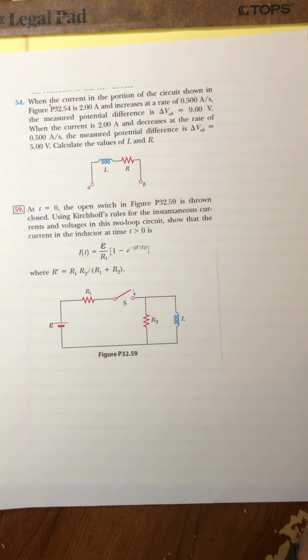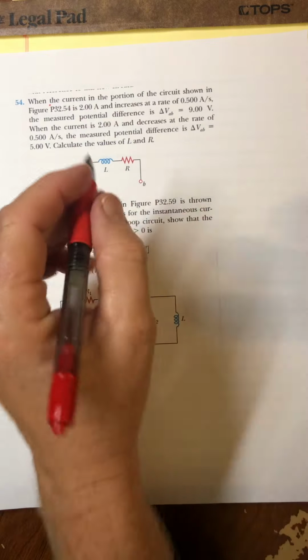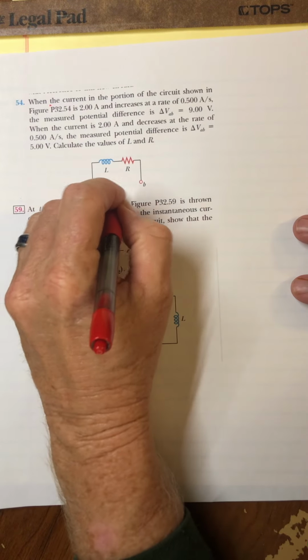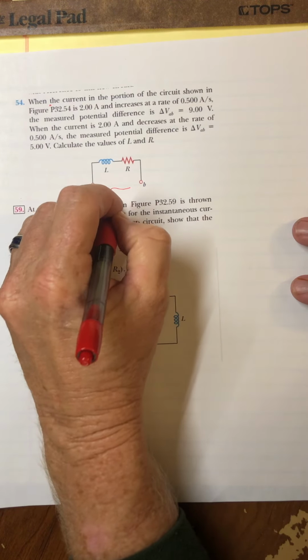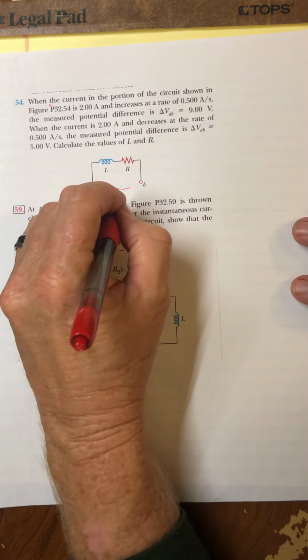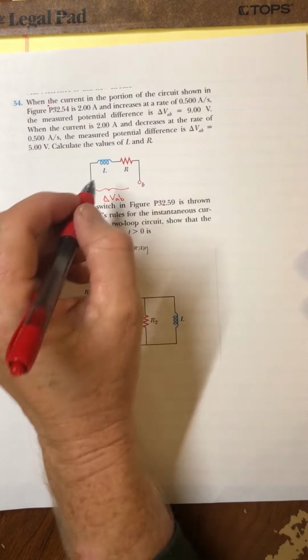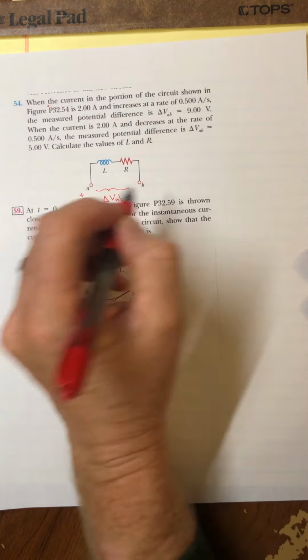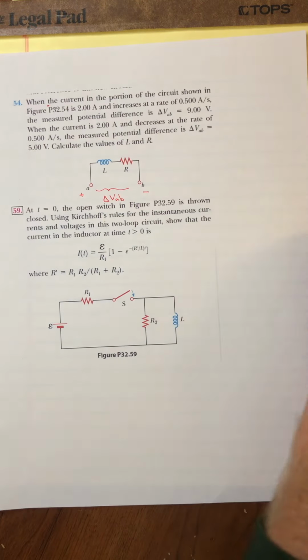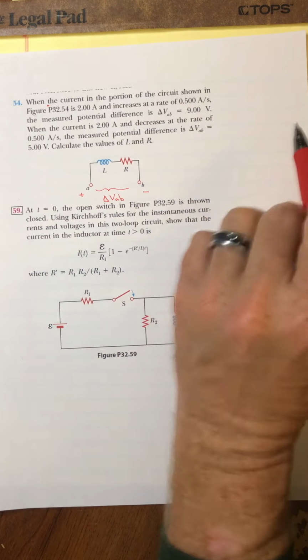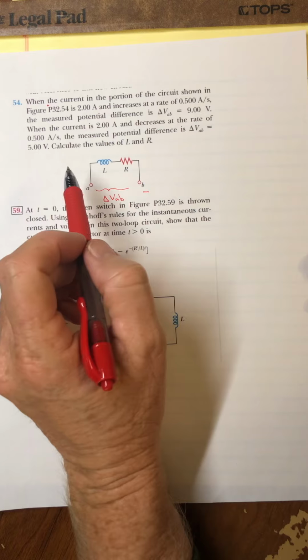Now, I suppose we should be a little careful on their voltage definition between A and B. But I think what they're saying here is A is higher than B by 9 volts, not the other way around.